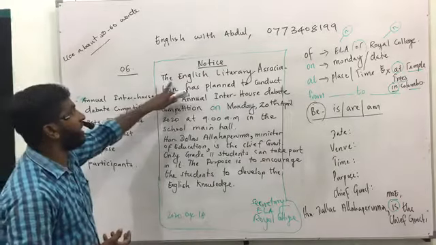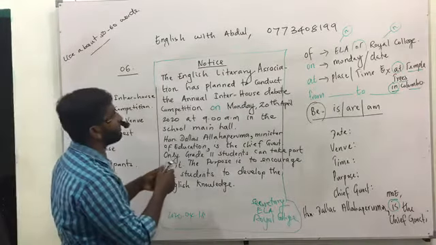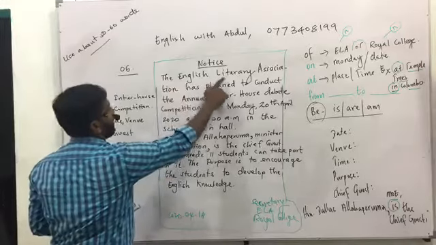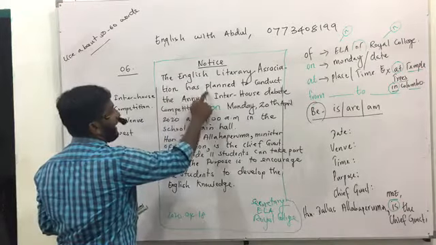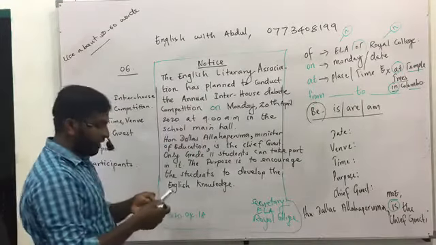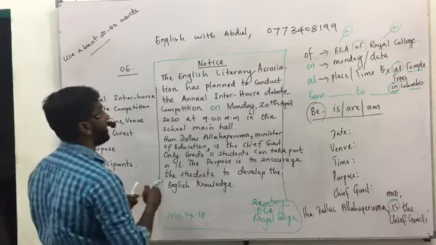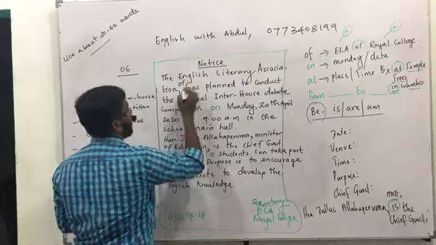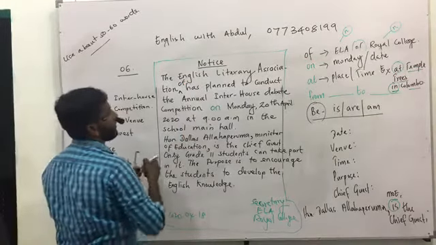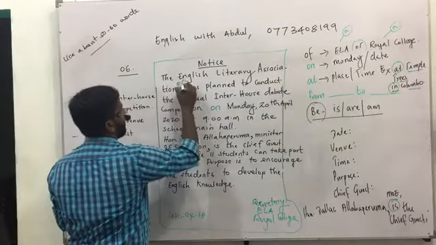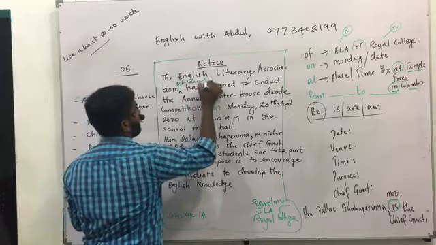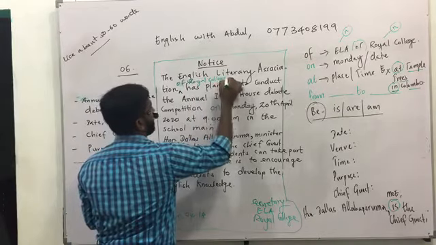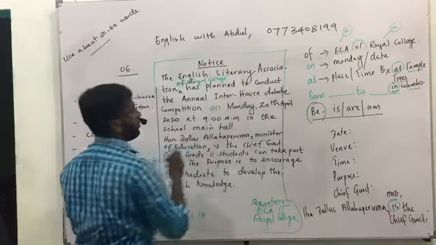Now you see here I have used the English Literary Association has planned. So here now I am going to insert a sentence. You see here, the English Literary Association of Royal College. There is no full stop.